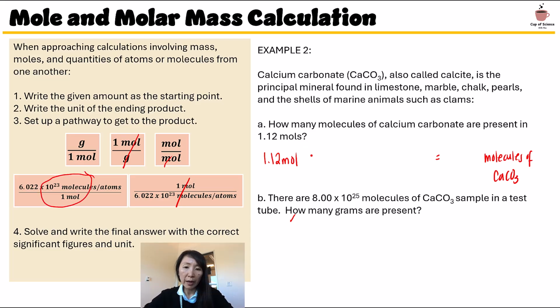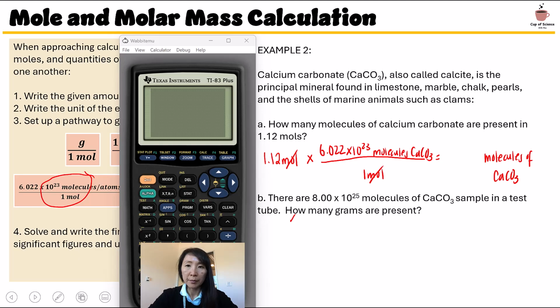And that one has 6.022 times 10 to the 23 molecules of CaCO3 all over 1 mole. And so I could cancel out the moles and then calculate this out to get the molecules of CaCO3. 1.12 times, and then we got the big Avogadro's number.